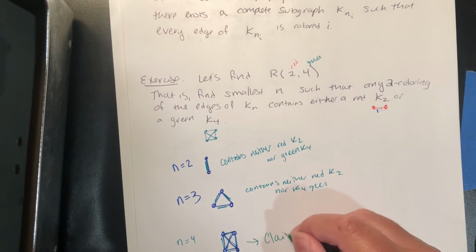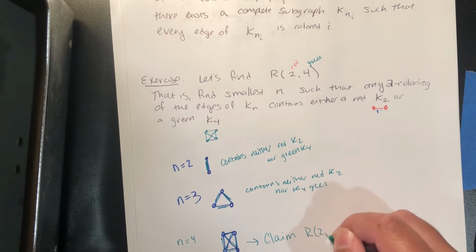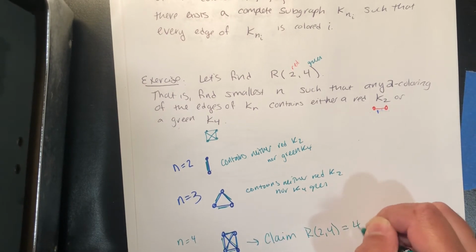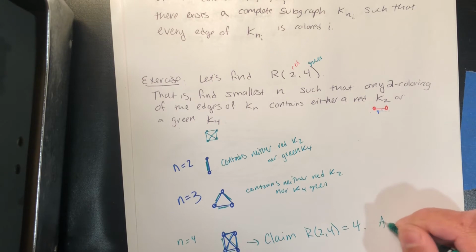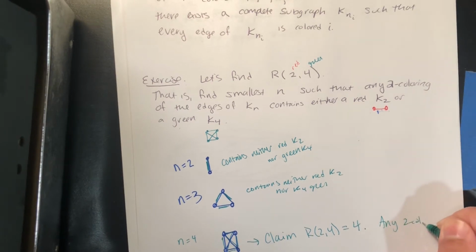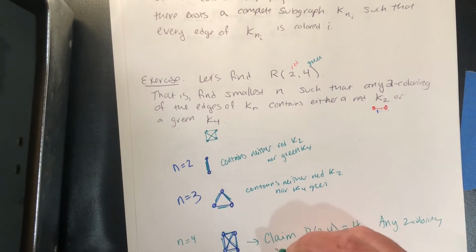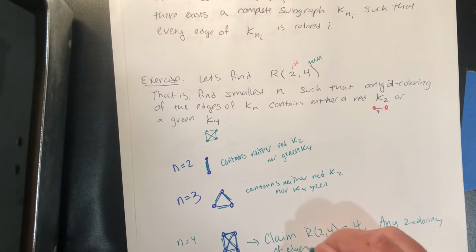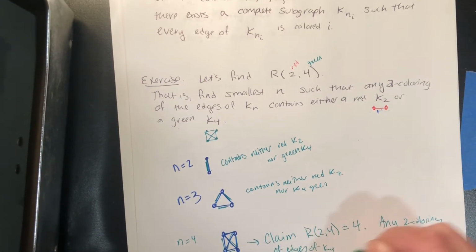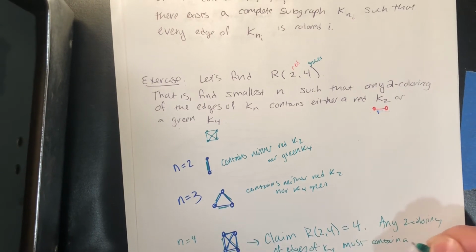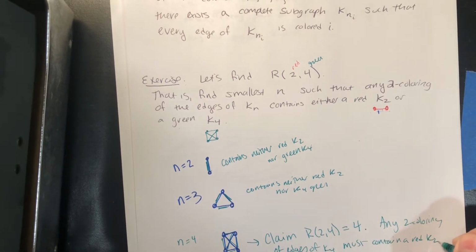So I claim R24 is actually equal to 4. In other words, any two coloring of the edges of K4 must contain a red K2 as a subgraph or a green K4 as a subgraph.